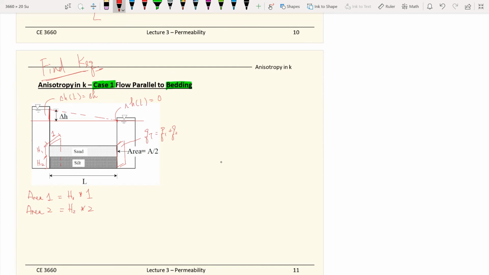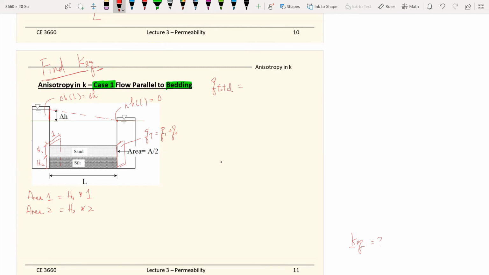Okay, now we try to set up our equations. Eventually, our final product should enable us to find the equivalent K. That's what we want to get to. So first, let's look at the total amount of flow.